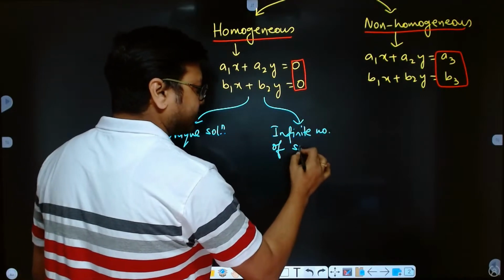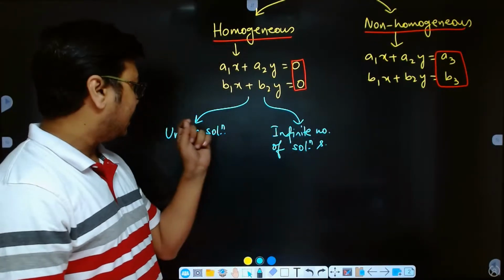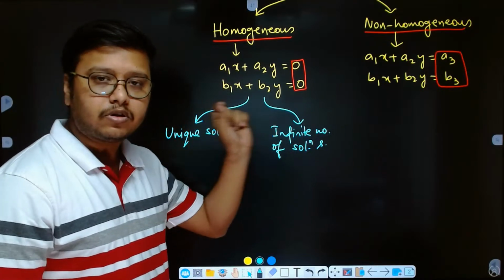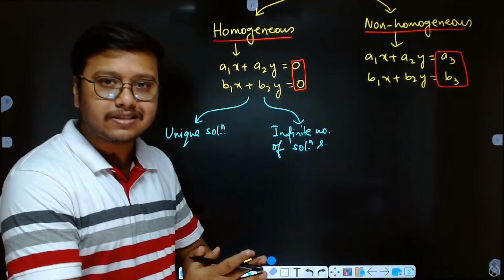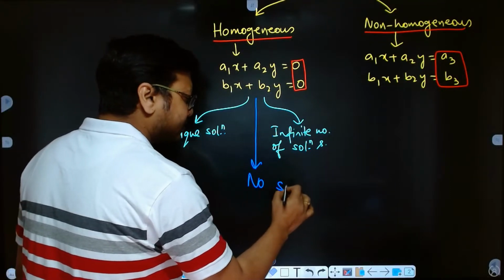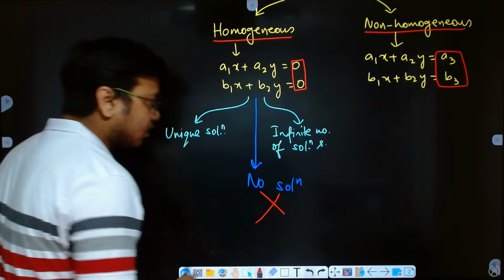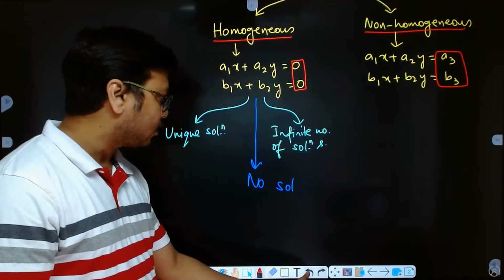Infinite number of solutions. There is no other alternative to this. Either a unique solution or an infinite number of solutions. There cannot be a scenario where there is no solution. This scenario shall never occur in the case of homogeneous systems of equations. Now, why will this never occur?